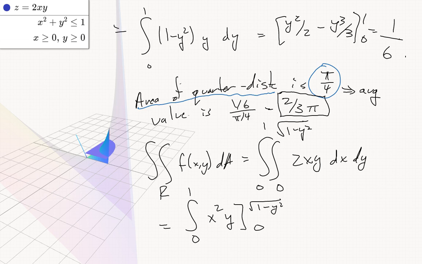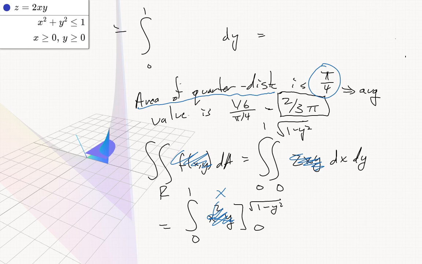If we instead integrate just dx dy over this region, then to find the area using calculus, we'll be integrating root 1 minus y squared dy from 0 to 1.